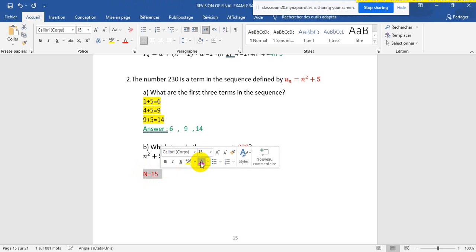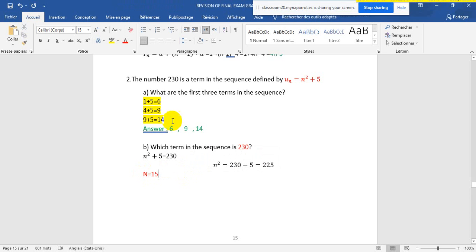Okay. In the exam, for example, maybe it will be 95. Not 95, just a moment, 105, something like that.